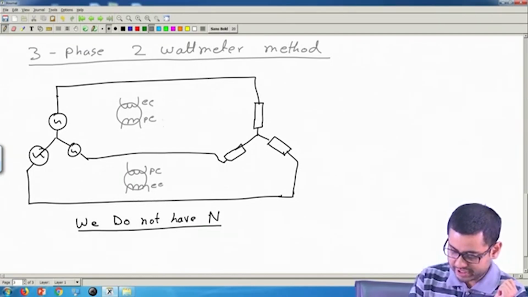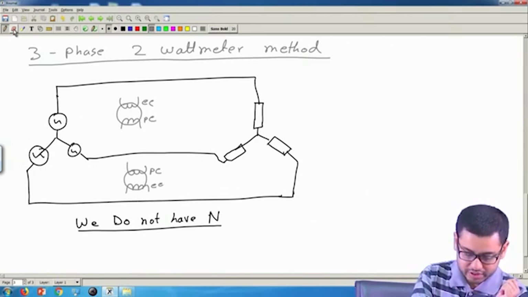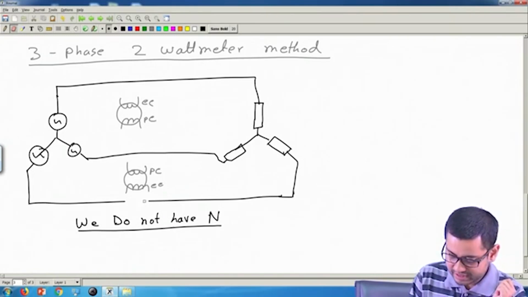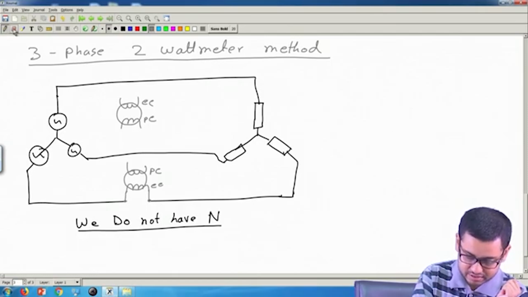Okay. So, there are three phases, three lines. We have to measure two line currents. Say we are going to measure these two line currents, this one and this one.